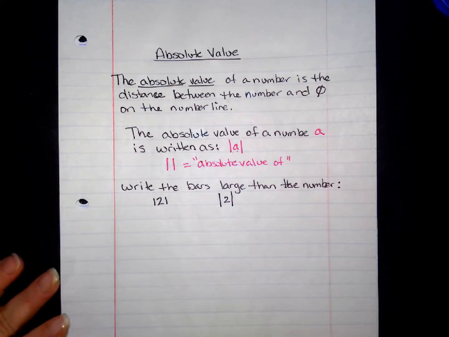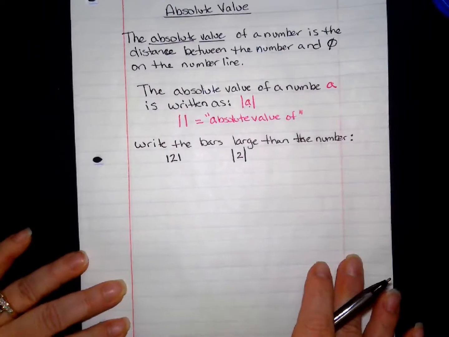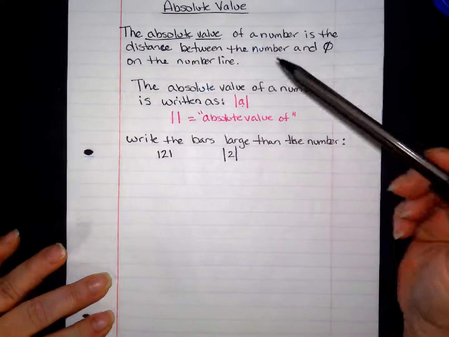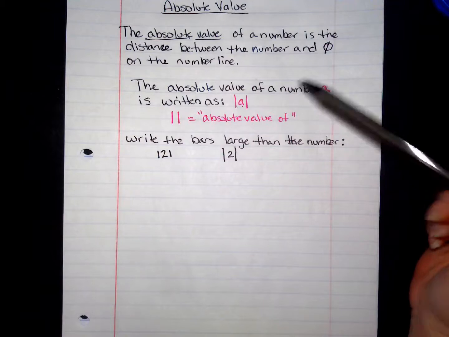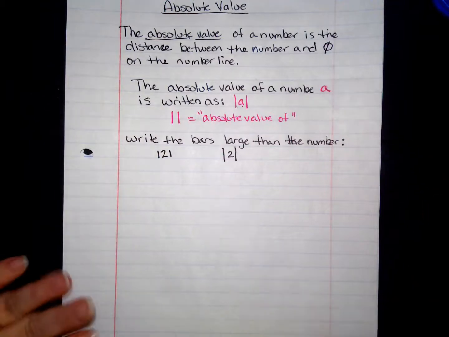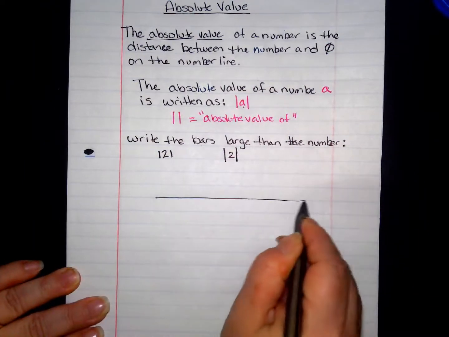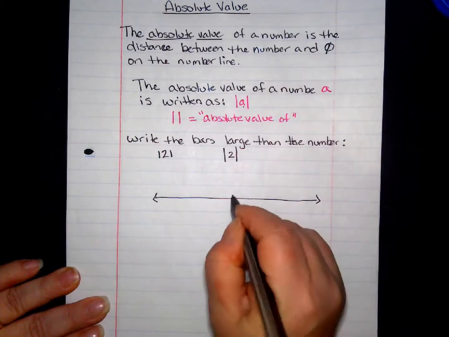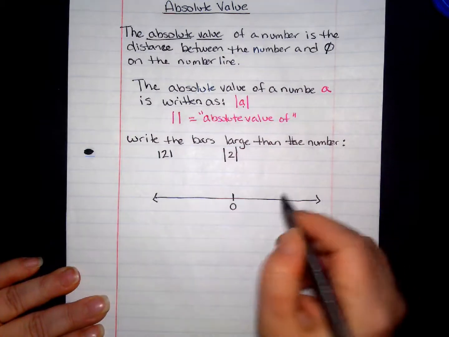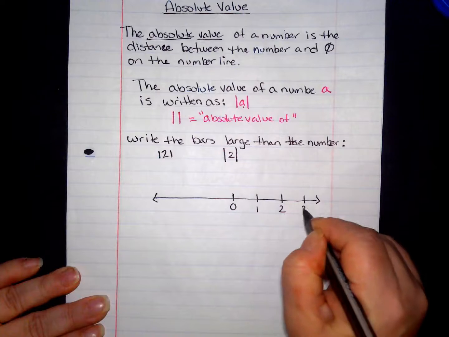Okay, so let's take a look at what I mean on a number line. Because I said that the absolute value of a number is the distance between the number and 0 on the number line. So we're going to draw a number line here. Okay, I'm going to put 0 in the middle. I'm going to go 1, 2, 3.